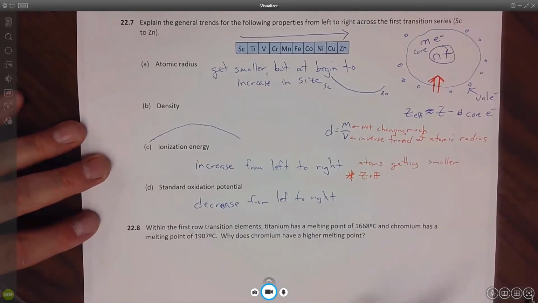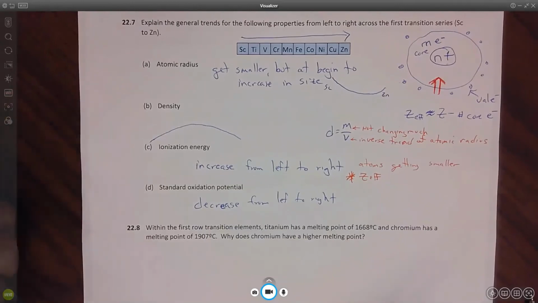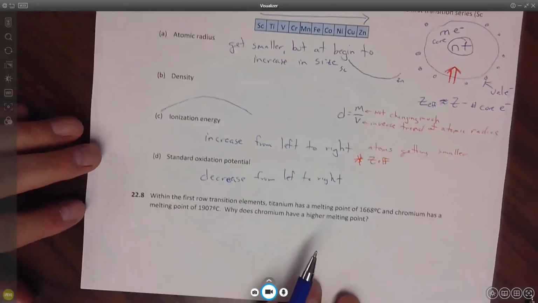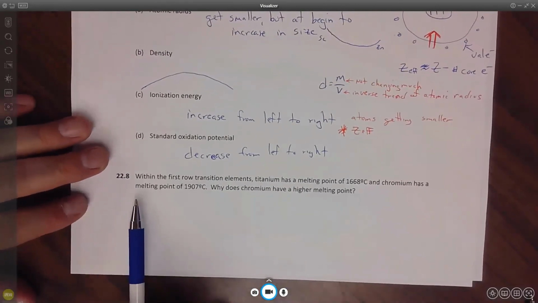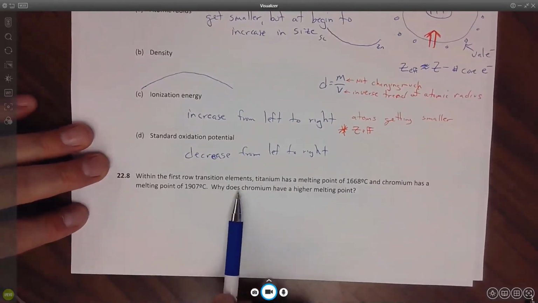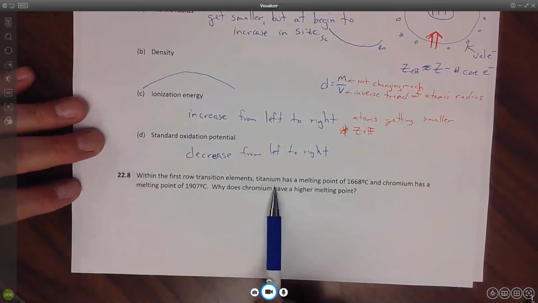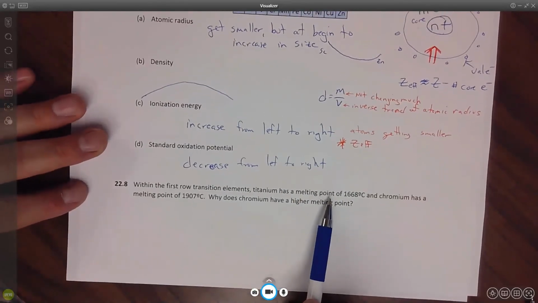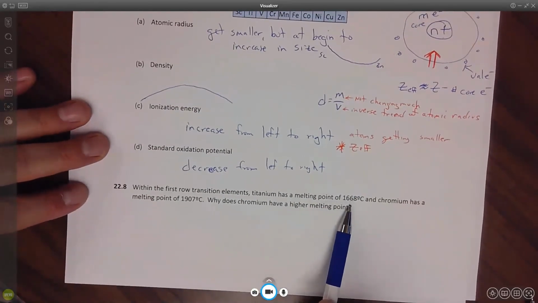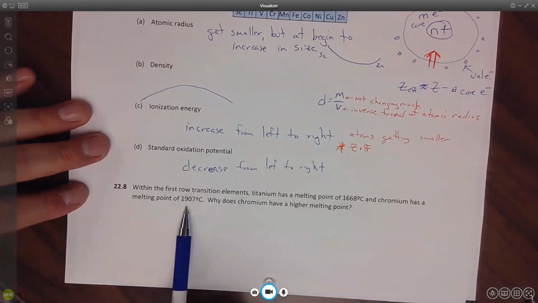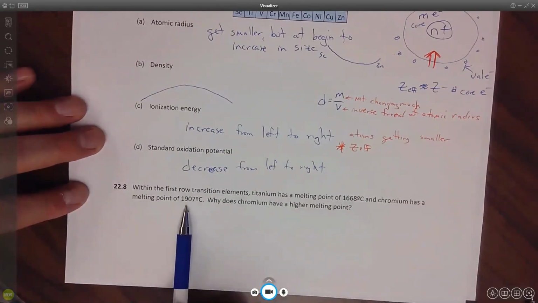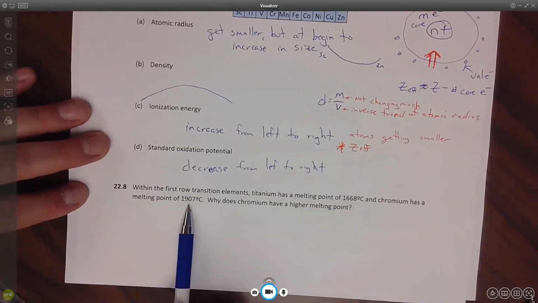Okay, any questions on the trends? Okay, let's go to the next one then. Number 8 says, within the first row transition metal elements, titanium has a higher melting point, 1,668 degrees Celsius, and chromium has a melting point of 907 degrees Celsius.